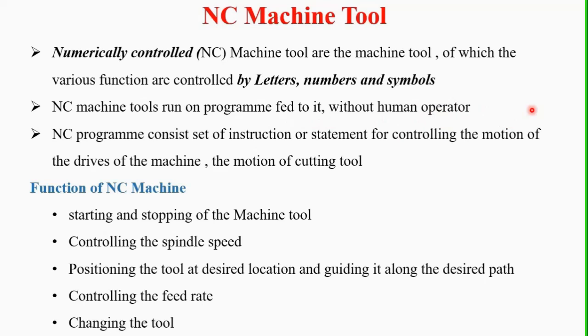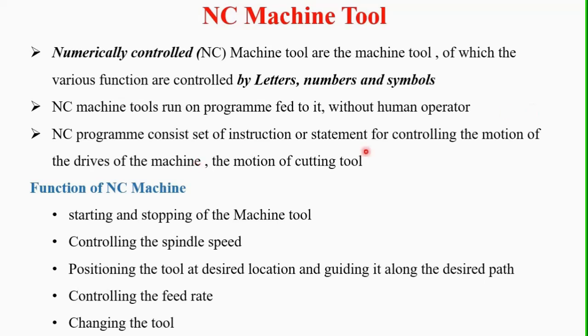Then, an NC machine is a single machine capable of doing a number of operations such as milling, boring, drilling, reaming and tapping. An automatic tool changer is also provided in the NC machine tool. The latest development in numerical control machine tools is the versatile machining center.